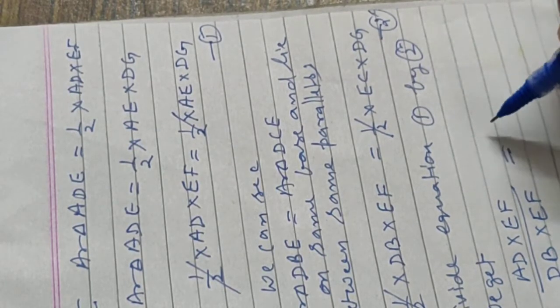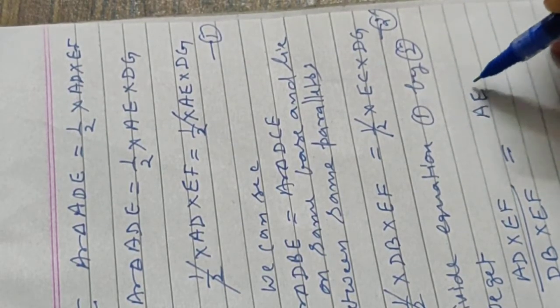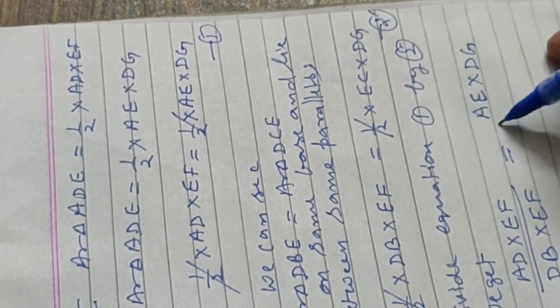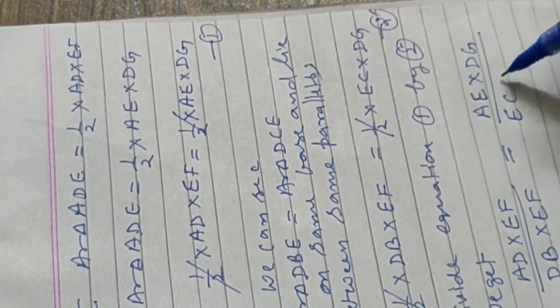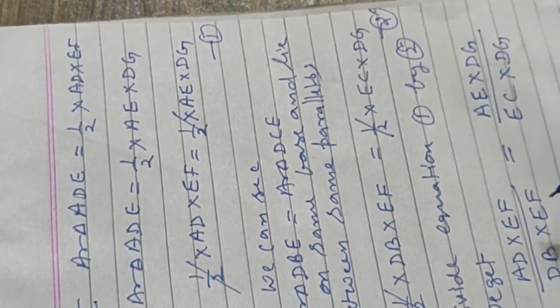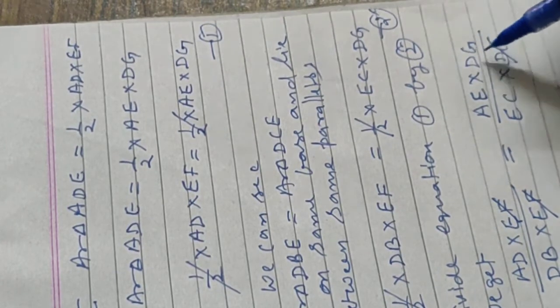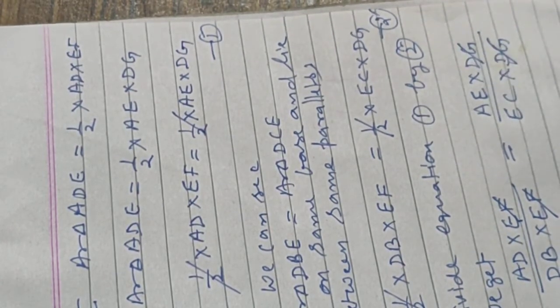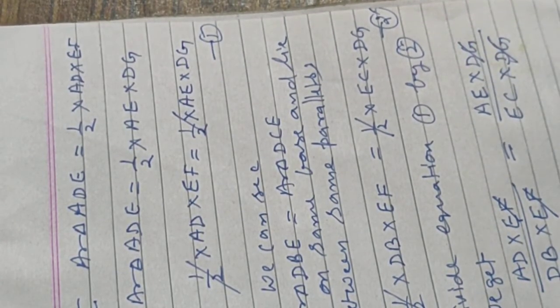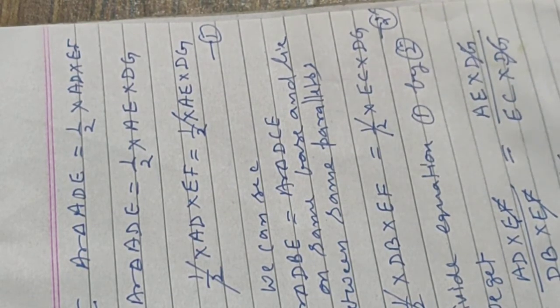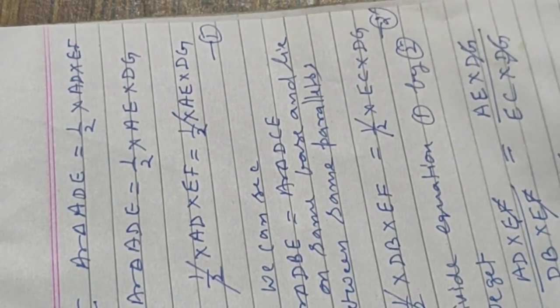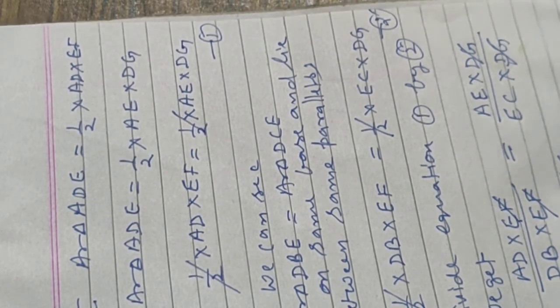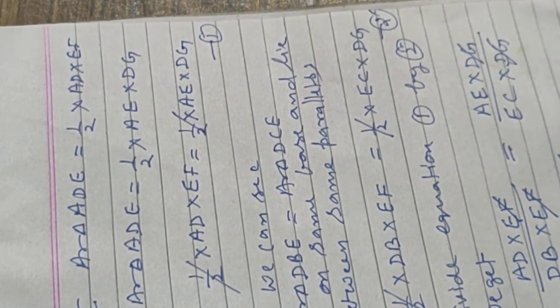On the other side, AE into DG upon EC into DG. EF and EF cancel, DG and DG cancel. We get AD upon DB is equal to AE upon EC. Hence, proved.